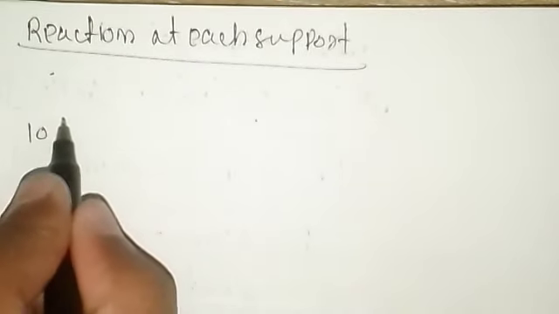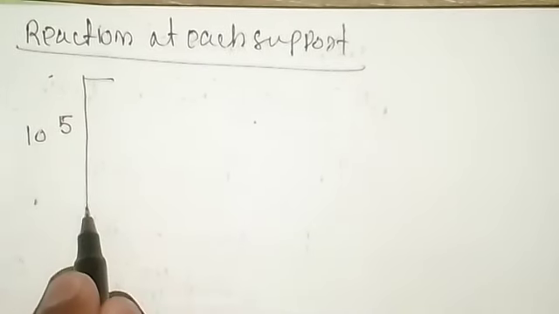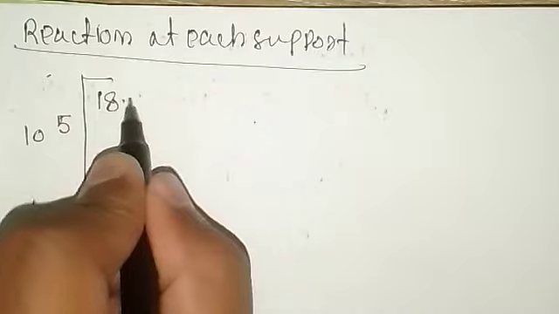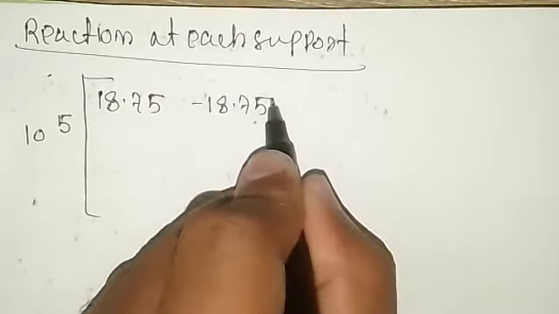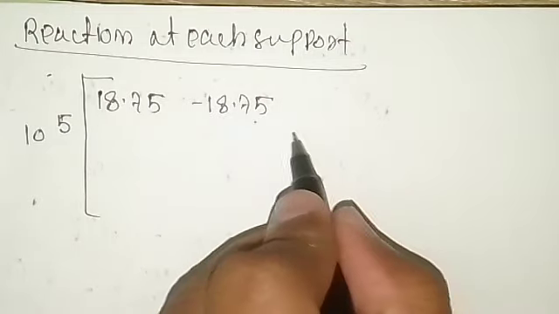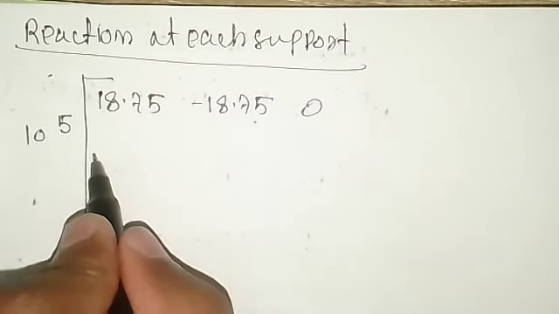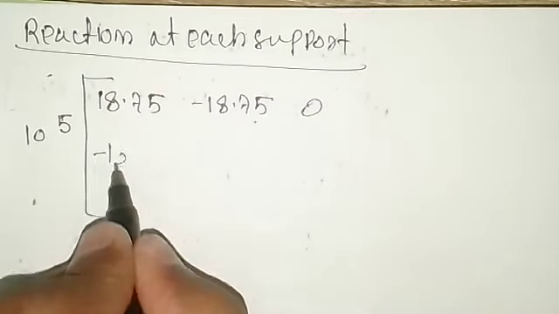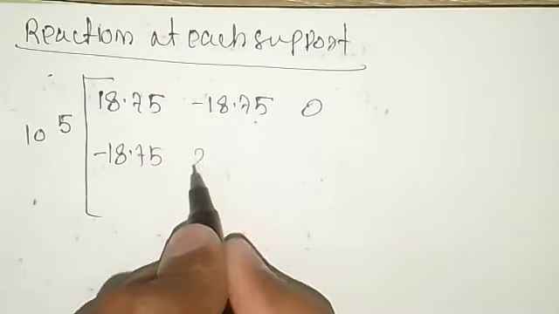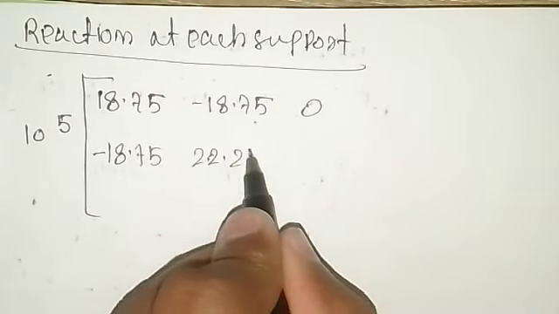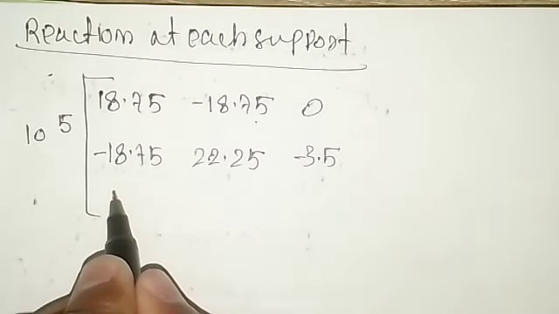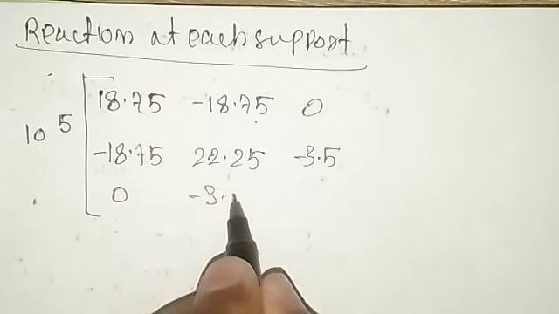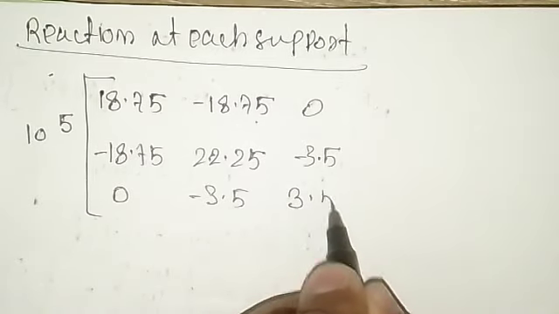First of all, the finite element equation: 10 to the power of 5 and the K matrix is 18.75, minus 18.75, 0; minus 18.75, 22.25, minus 3.5; 0, minus 3.5, 3.5.